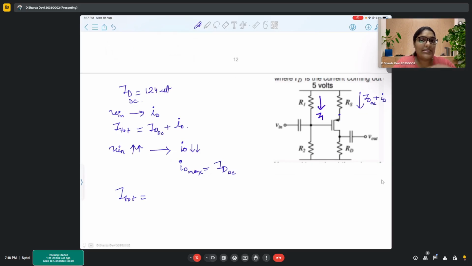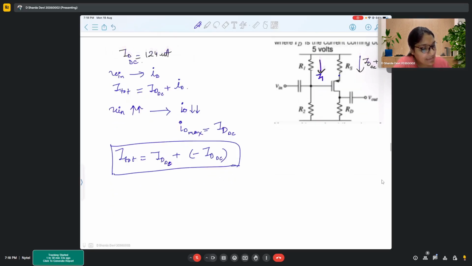We are trying to increase the Vin to see what is the maximum swing in the output that we can get. At this point, our small signal also reaches IDDC, but in the negative direction. If it was the positive peak for Vin, the current we get is at the negative peak because of that inverse relation. So here it will be IDDC again.